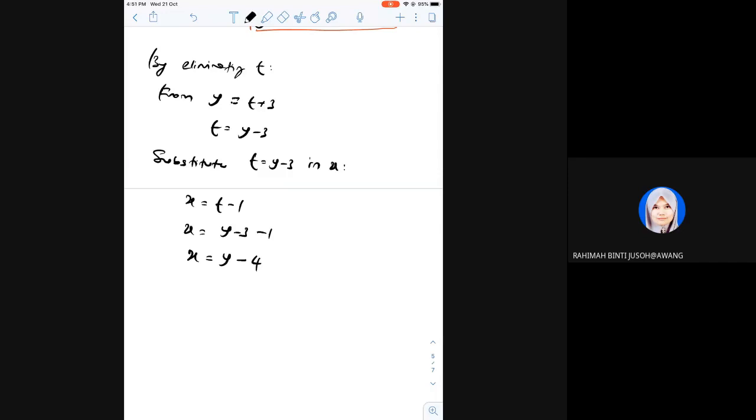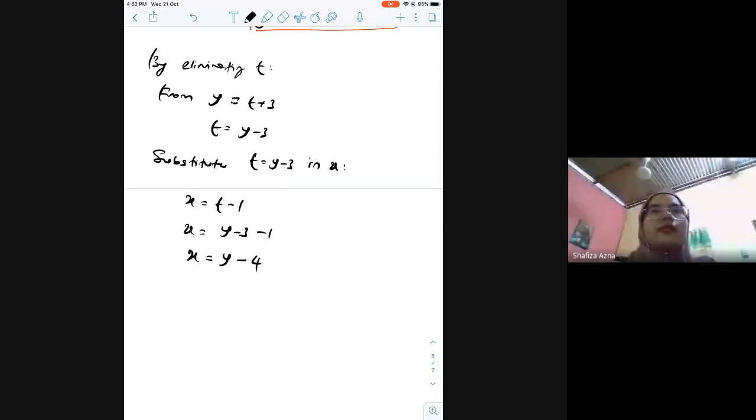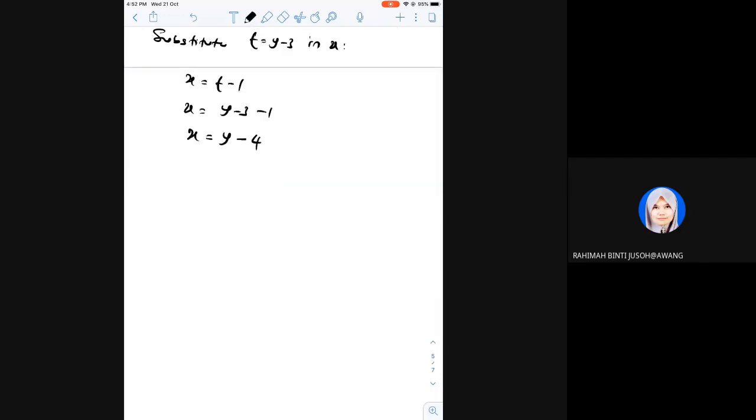Can you follow me? Okay, now, intercept form. x minus y equals to -4. As I mentioned earlier, the value on the right hand side should be equal to 1.